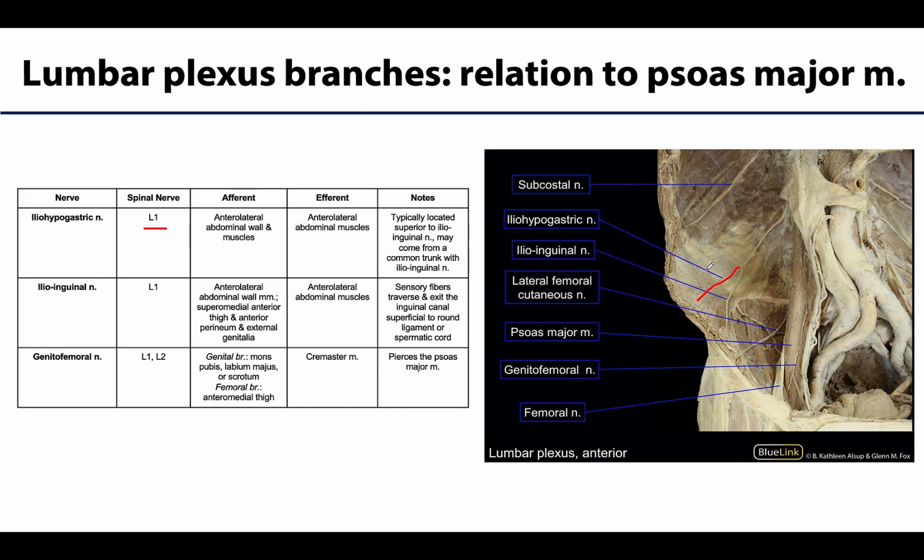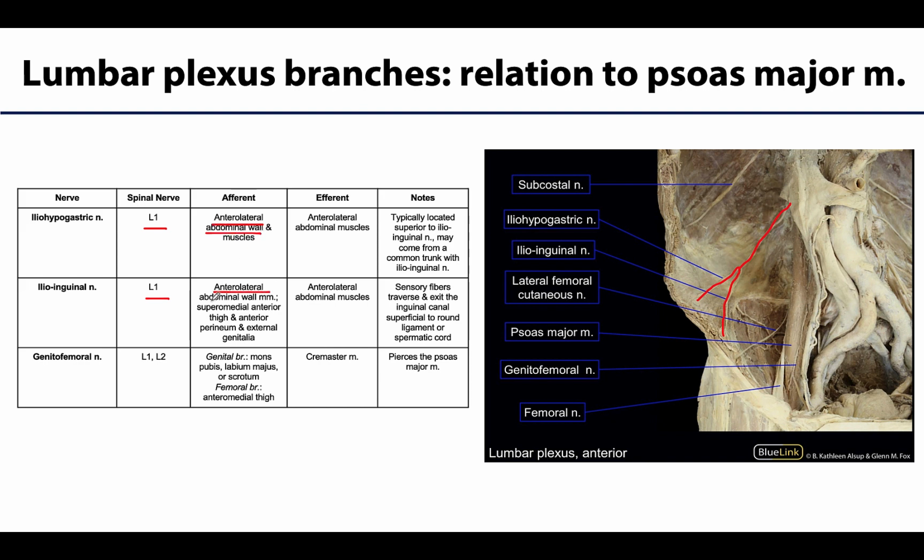This is also true of the ilioinguinal nerve. So both are derived from just fibers from L1. And this is why we often see these nerves coming off of a common trunk before branching and heading to their target organs. Both iliohypogastric and ilioinguinal nerves will afferently serve portions of the anterolateral abdominal wall.